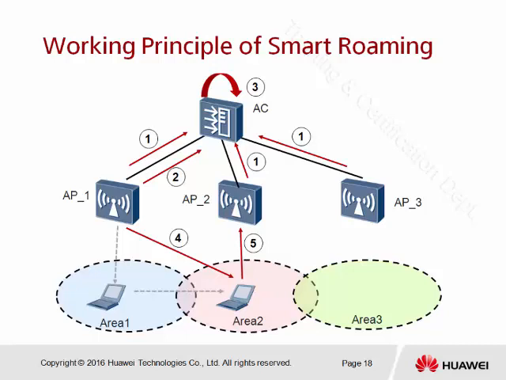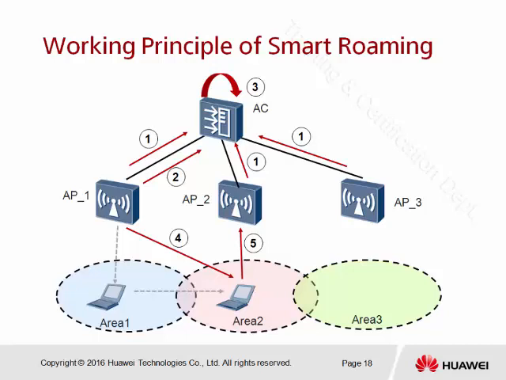Now the PC tries to roam to area number 2. Before it roams, the AP is going to check on this PC. If the PC can support 802.11v, that means right now the AP is able to manage the PC to perform the smart roaming. So I can order the PC to connect to another new AP in this case.